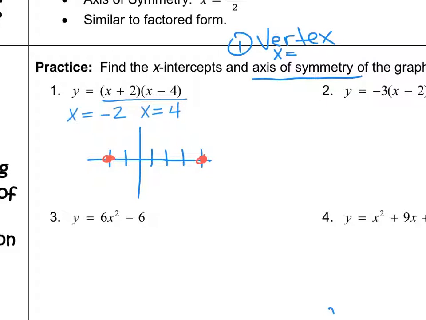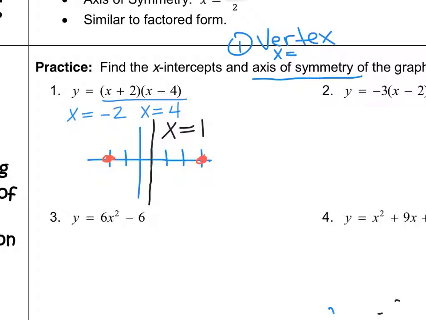So if we look at our 2 points, we go over 1, 2, 3. That looks like it's in the middle. And then from this side, 1, 2, 3. Okay, so 1 is exactly in the middle. So without even finding the vertex, I can draw my axis of symmetry and know that it's x equals 1.